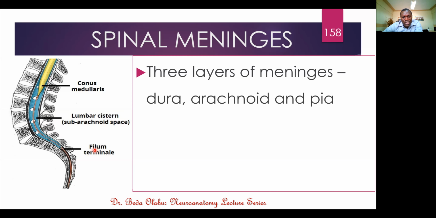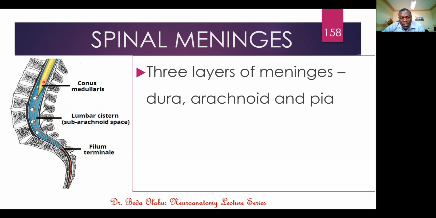But there are a few things that I want you to know with regard to the spinal cord meninges. We had agreed that dura mater is the most outside and pia mater is the most intimate with the CNS.